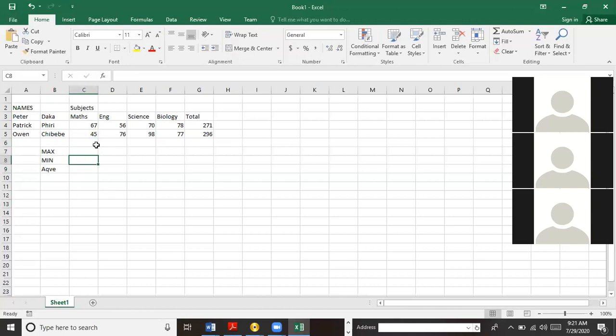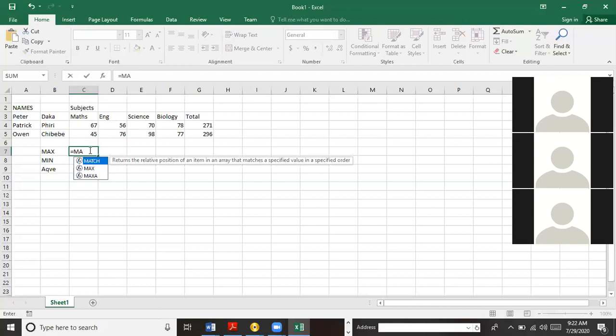I'll show you this later, but it's not that important to you. You just have to know that when I want to find the maximum grade in a certain subject in Excel, I have to type equal sign, then type max, then open bracket. Then I'm going to enter the cells.